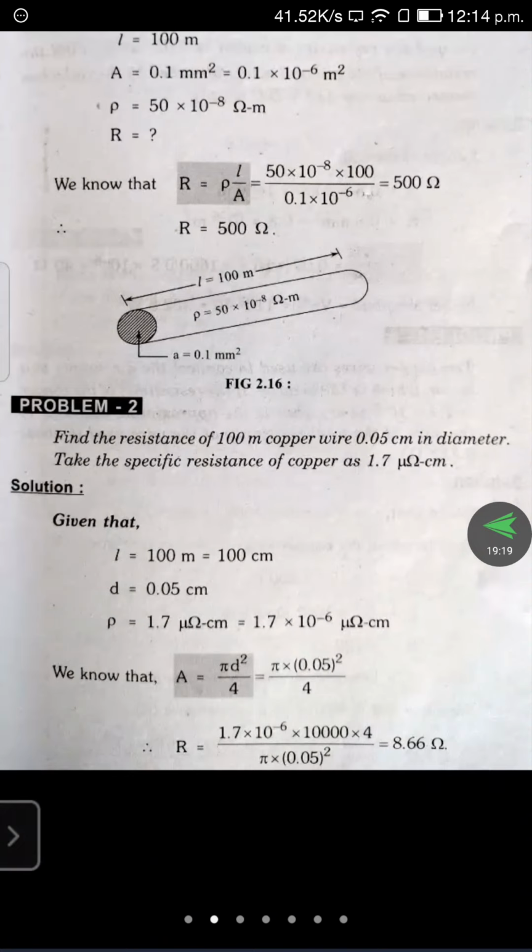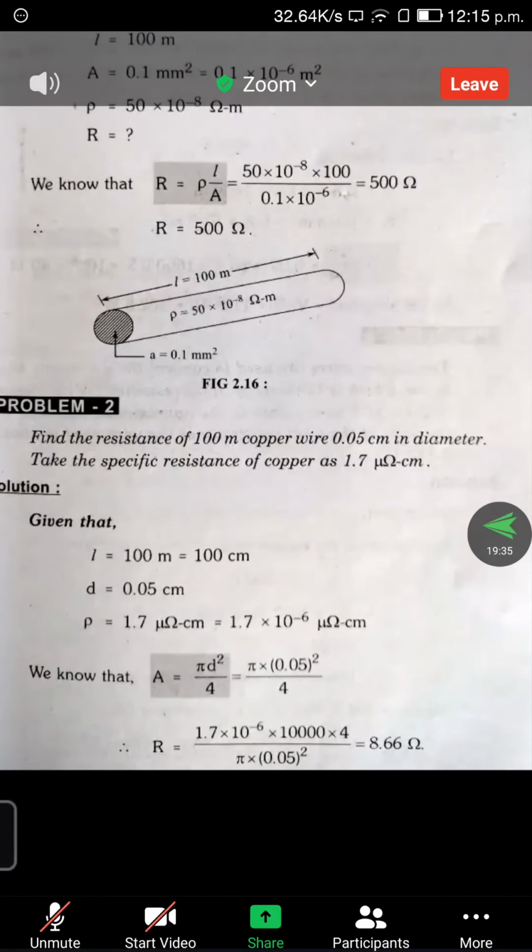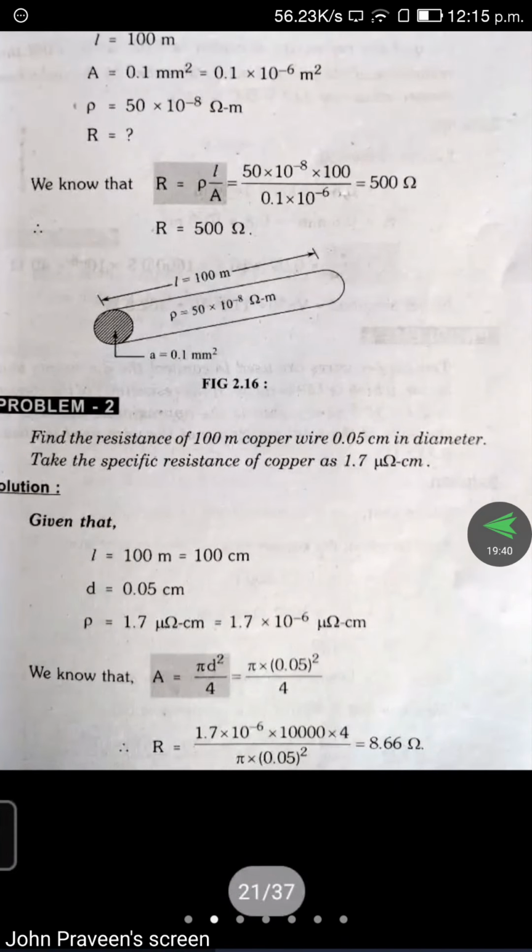The rho value is constant and does not change. In the problem we have 1.7 micro ohms per centimeter. Micro is 10 to the power of minus 6. So as usual we write here 1.7 into 10 to the power of minus 6 ohm per centimeter.